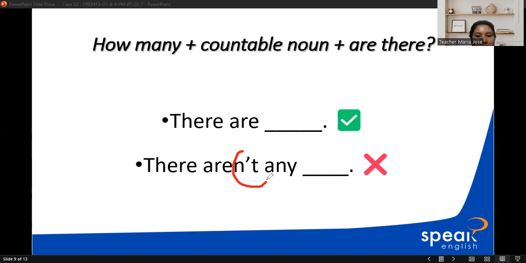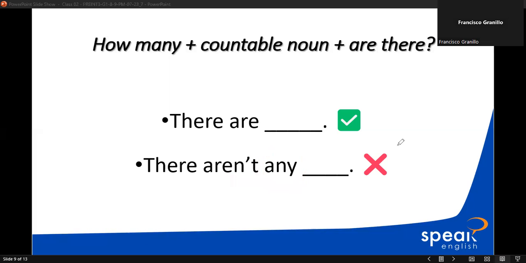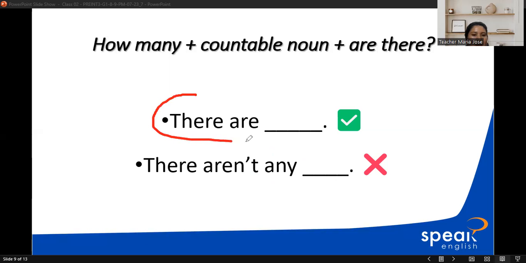So as you can see, this is negative. So if it is a negative, I have to use what word? Francisco? Any. Exactly. There aren't any. Perfect.